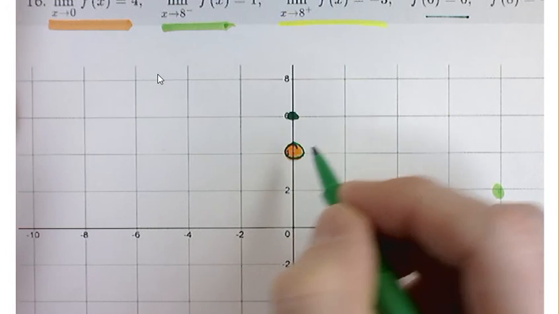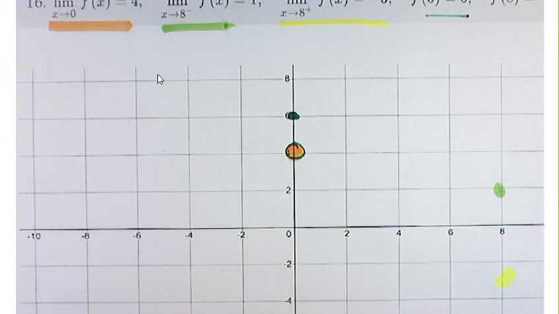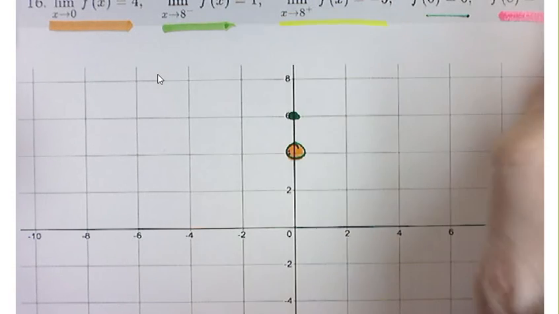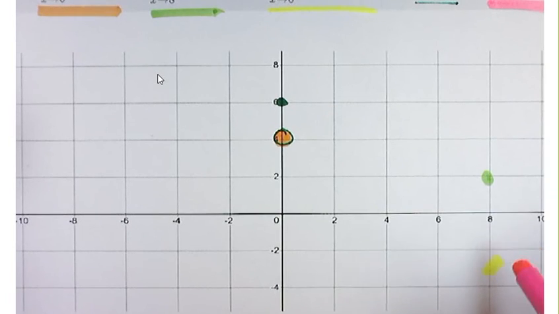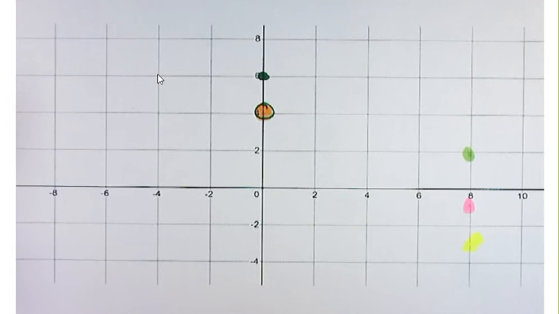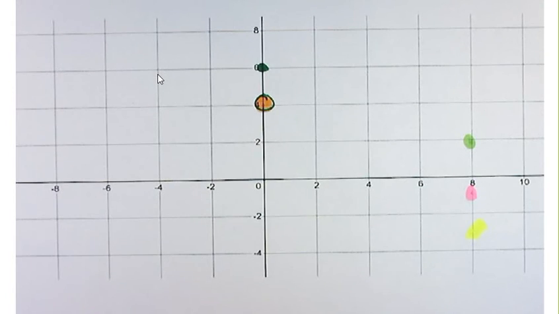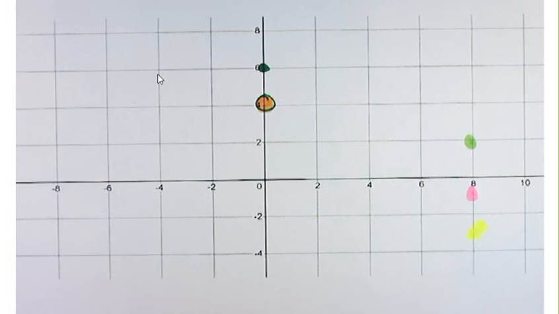Let's maybe make that a hollow dot. And finally, f of 8 is actually going to equal negative 1. So this would be an ideal test kind of question because you don't have to work with any complicated formulas. It's just a matter of, do you understand some things here?